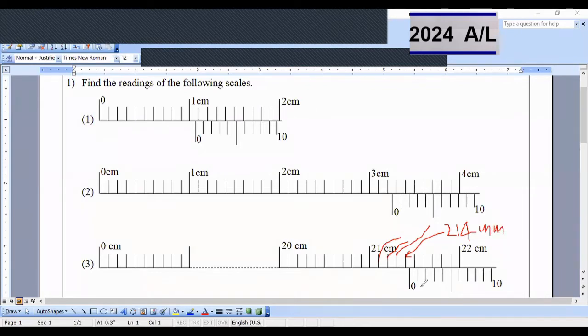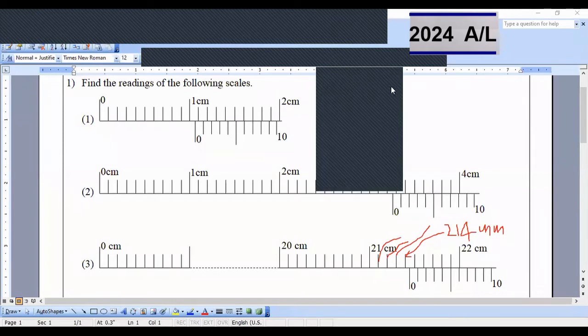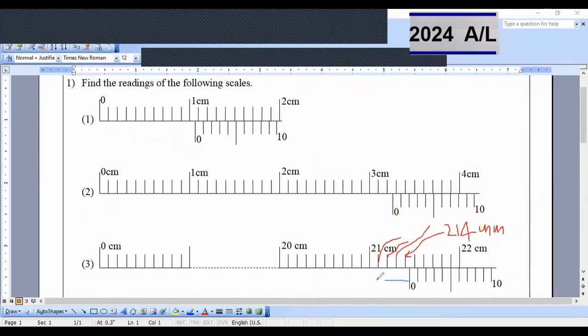Look at the board. Look at here. This is the vernier scale 0 line. If you start from the vernier scale 0 line and travel towards the main scale 0 line, what is the first number that you find on the main scale? 214.